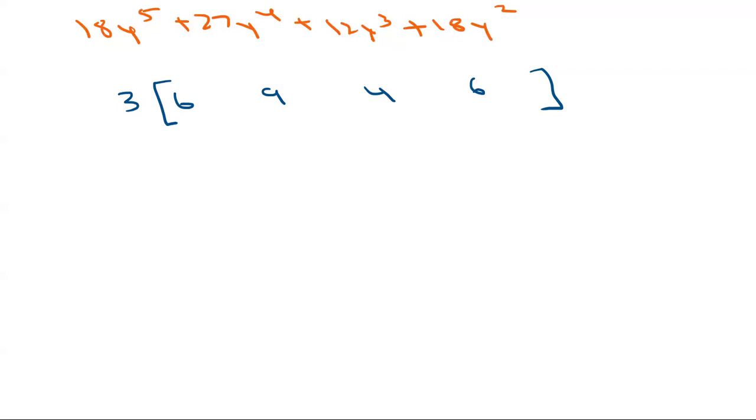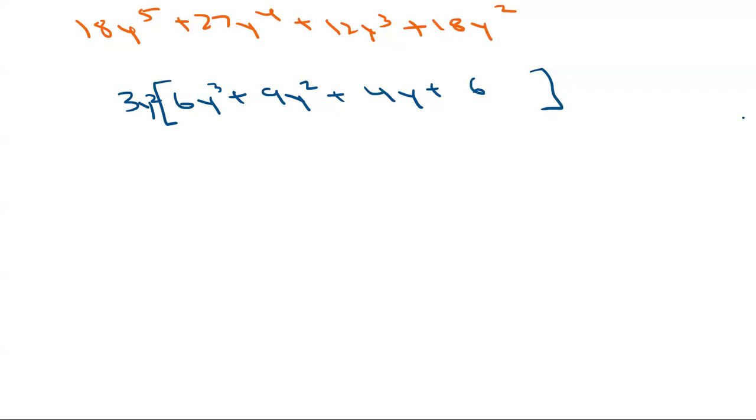All right, I could take out a y squared. So when I take out a y squared, then I have y cubed left over on this one, I have 2 left over in this one, I have 1 left over in this one, and I don't have any left over. Okay, and then I'm just going to add those guys.